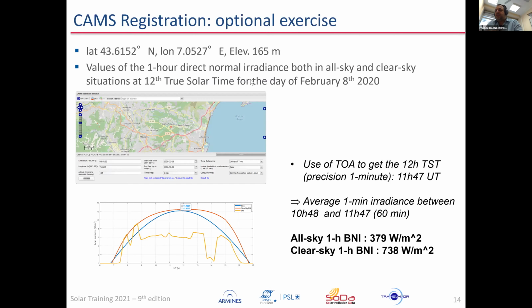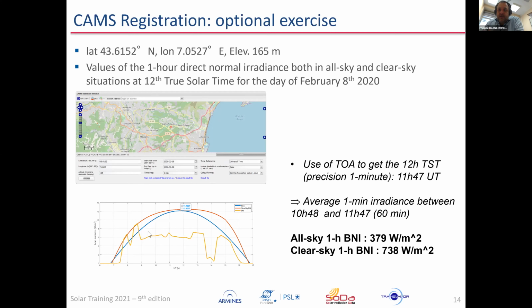And the idea is that there is a trick, because we have first to locate the noon true solar time. And to do that, you have two choices: either using the tools we provide you with for the basics and the true north localization, the Excel tools, or another way is to use the web service here, for which you can get not only the all sky and clear sky estimation from CAMS radiation, but also the top of atmosphere at horizontal plane.